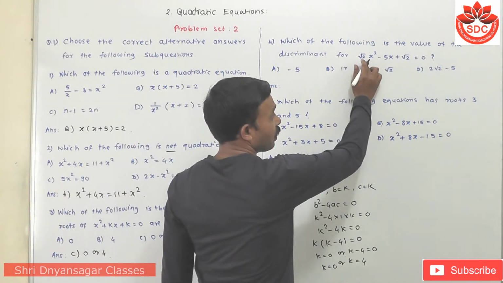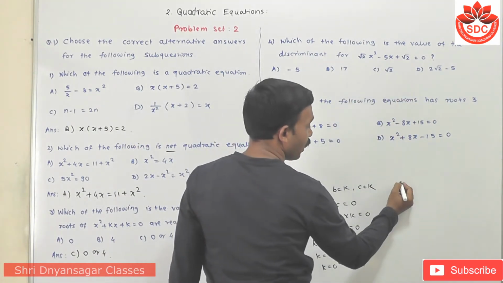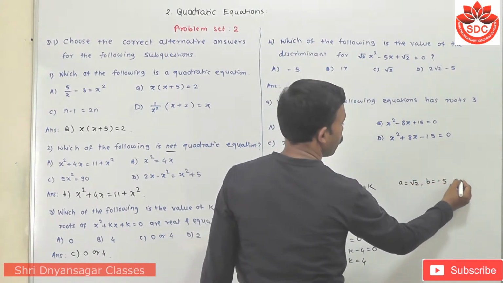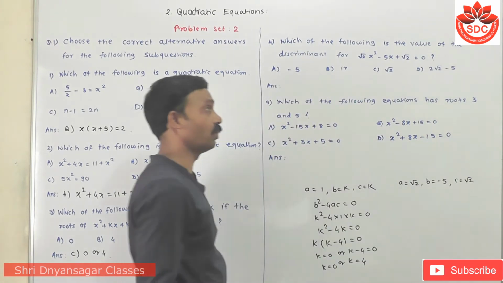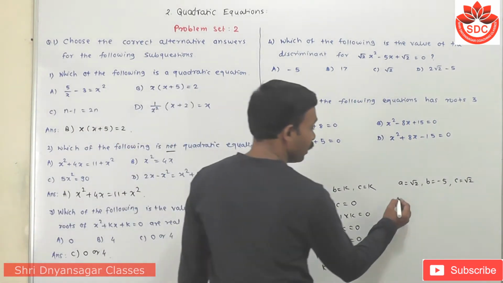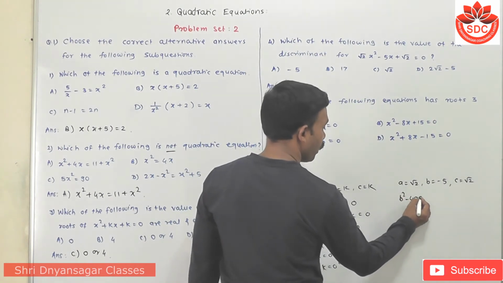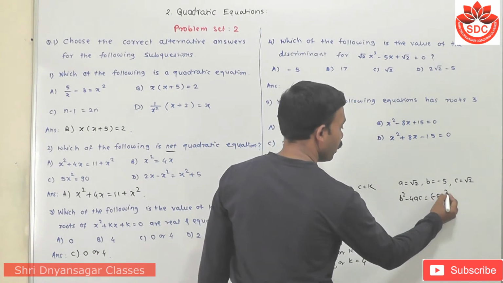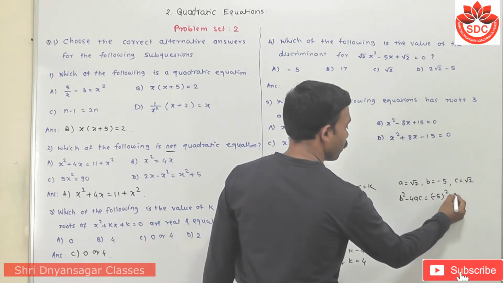So compare this to the standard form, we get that a is equal to root 2, b is equal to minus 5, and c is also equal to plus root 2. Then we have to find the value of the discriminant, b square minus 4ac is equal to, here b is minus 5 square plus minus 4 into a.